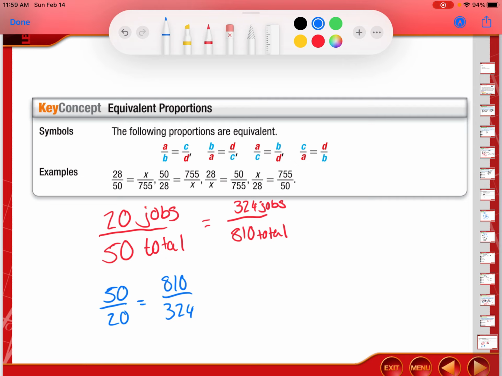And likewise, we could also say 20 over 324 equals, so our small group with jobs over our big group with jobs is the same as our small number of people over our big number of people. So essentially what this is saying is, as long as you keep your labels in the same relative position in the proportion, then your proportion will still ring true.